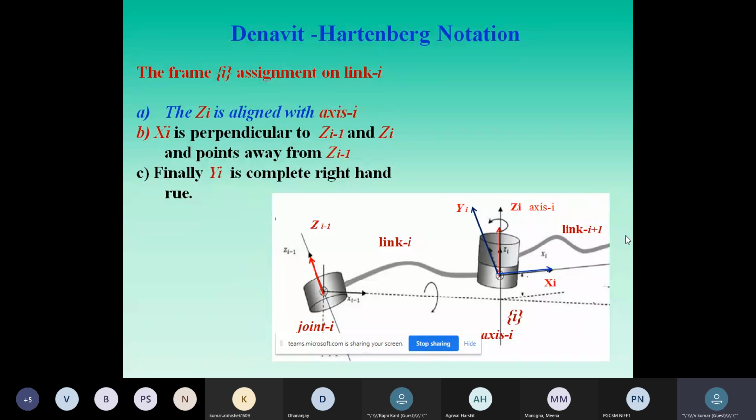For link i, where will I attach the frame? At the distal point of link i, here. First we attach the Z axis at every joint, at every distal point.